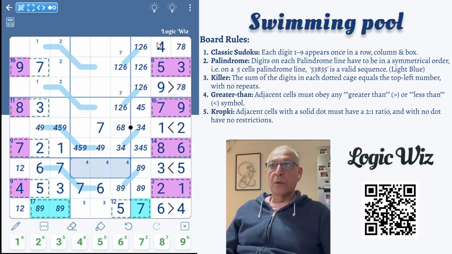Okay. The 4 cannot be here because of the palindrome line. Therefore, in this box, the 4 must be here. So this one must be a 4. And this one can no longer be a 4.